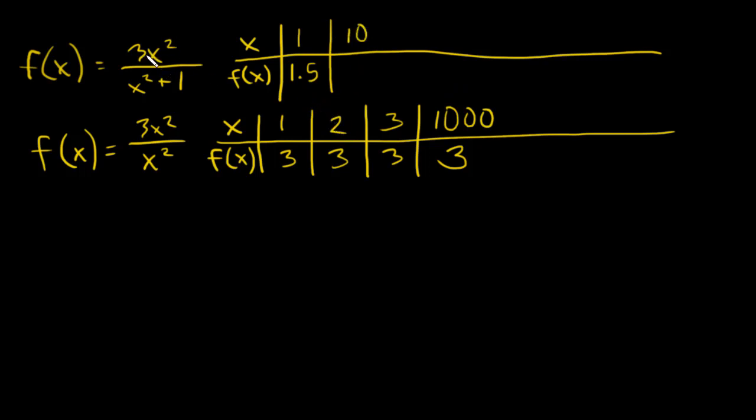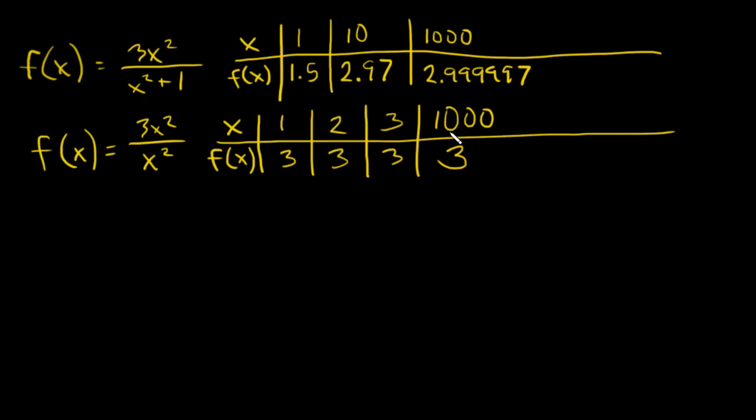Well, I'm going to get 3 times 100 divided by 101. Well, that, it turns out, is 2.97. Okay. Now, let's go out to 1,000. 3 times a million divided by a million plus 1, so 1,000,001, is going to be 2.999997.